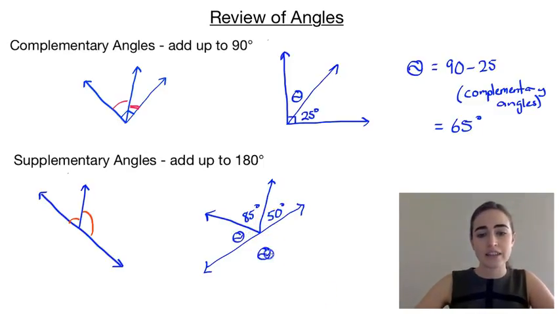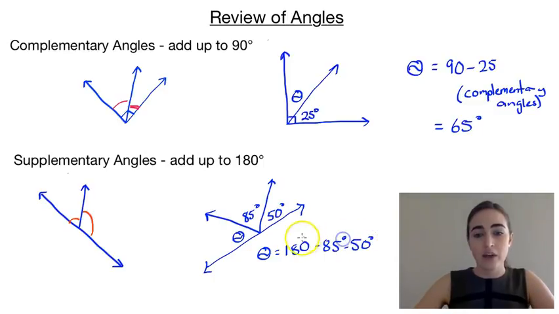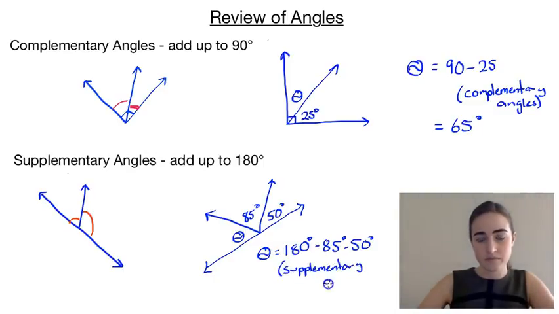So we write down that theta, because it's a straight line, is 180 minus 85 minus 50 degrees. Now we need to put a reason in there, so we'd write supplementary angles. And we'll end up with 45 degrees.